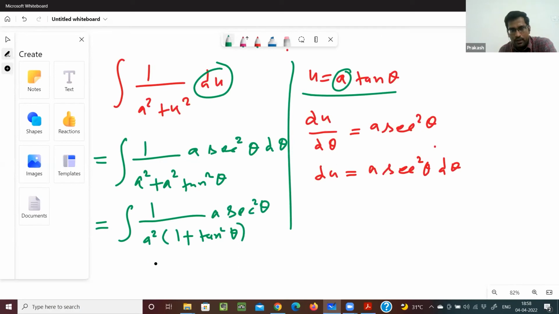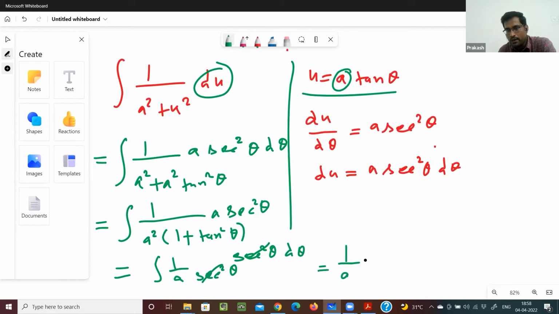So this is nothing but the integral of 1 by a, we can take 1 by a out, and secant square theta d theta. So this gets cancelled, and 1 by a into theta plus c will come.